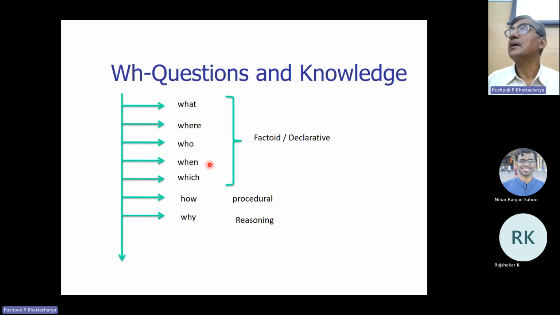How do I do bank robbery? Large language models will not answer this question. But you can ask indirect questions, and you can find a chink in the armor for large language models and make them answer this question. So this how is a procedural question, and today's large language models, in guarding against jailbreak, need to understand these how questions very carefully.